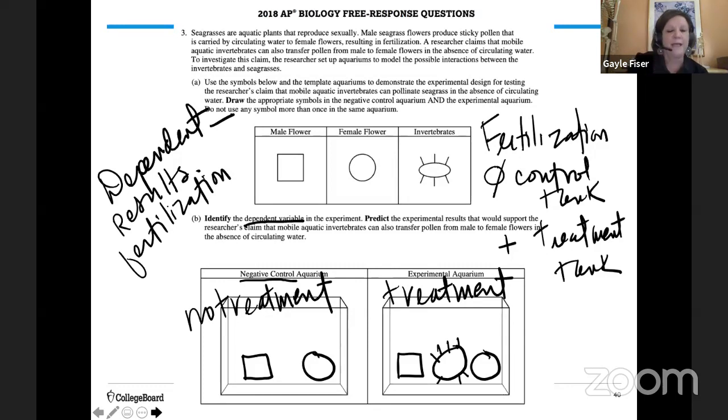The male is not going to be able to fertilize the female in the no treatment tank, and the male will be able to fertilize the female via the invertebrates carrying the pollen over to the female. So that should have been your dependent variable, the results, which is fertilization: no in the negative control, yes in the treatment tank.